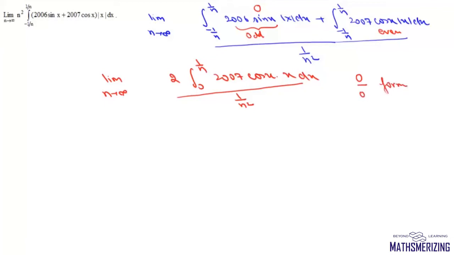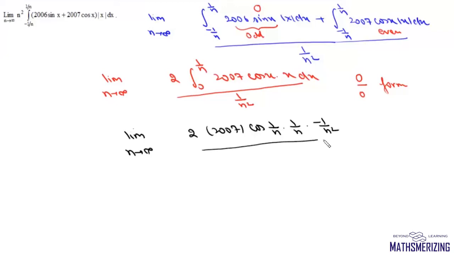So we'll use L'Hopital's rule, where we'll differentiate numerator and denominator. So we'll write limit n tends to infinity, and that will be 2007 cos 1 by n into 1 by n, and then derivative of 1 by n will be minus 1 by n square, and here in the denominator it will be minus 2 by n cube.